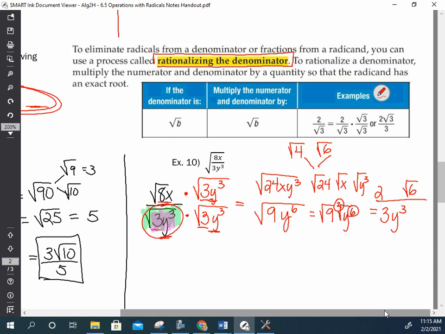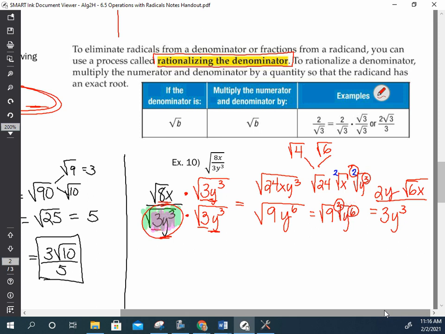For the variables, remember there's a 2 sitting out in front. So x means x to the first. 2 can't divide into 1, so I guess that means that x is staying inside the square root. 2 can divide into 3 once.